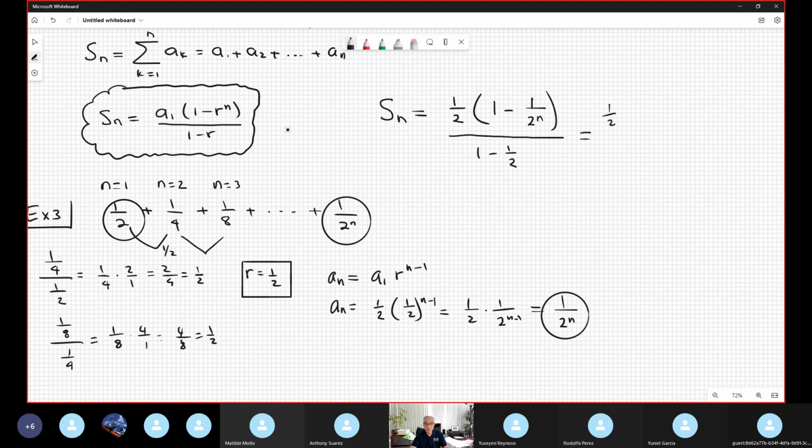So 1/2 times 1 minus 1 over 2 to the n, divided by 1/2. The 1/2 cancels, and the formula for this specific example is 1 minus 1 over 2 to the n.